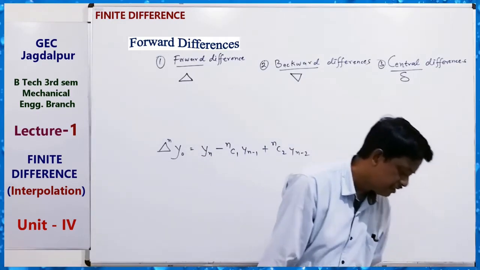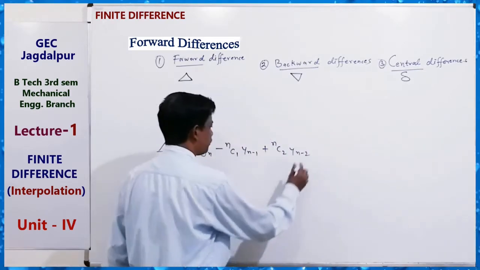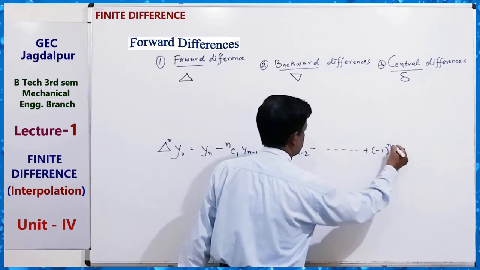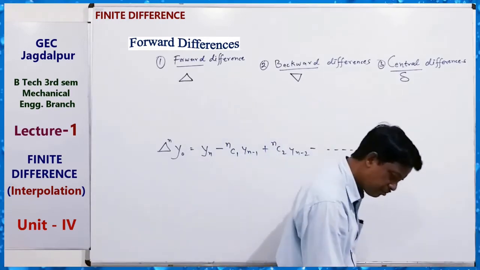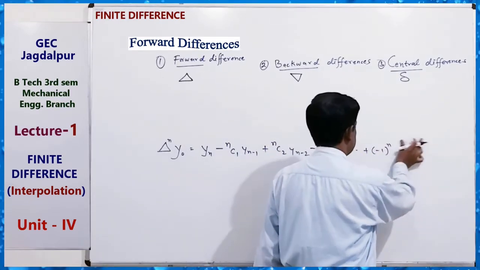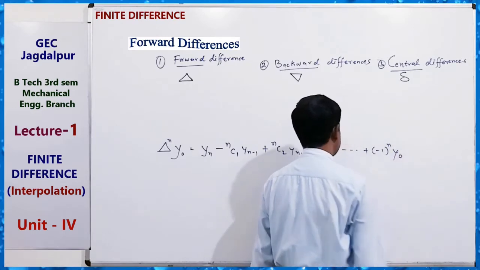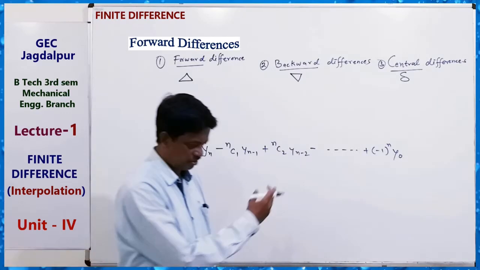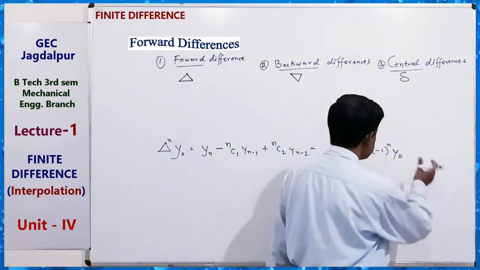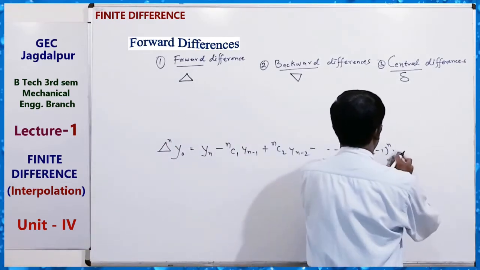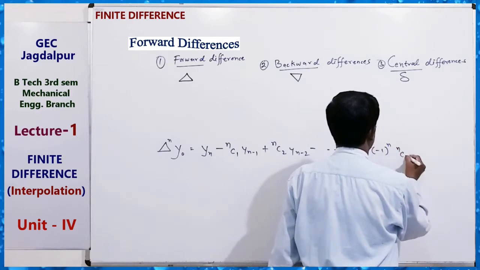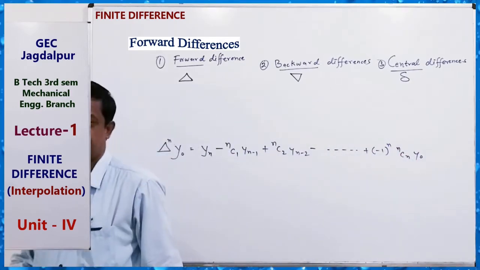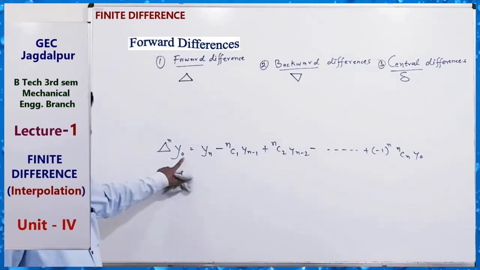Finally, the last term depends on nCn y0, and nCn means 1. So the nth difference depends like this.